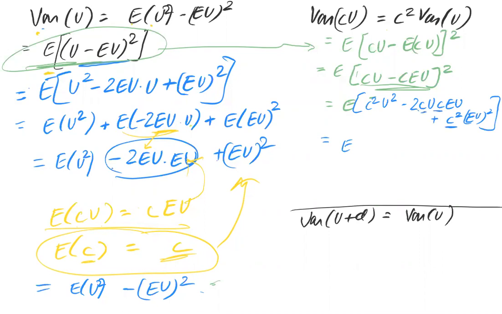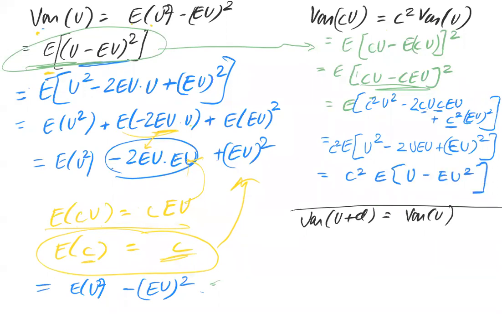So let me just take c^2 out, this becomes E of U^2 minus 2U, which will be written as c^2 times E[U^2] minus E[U] the whole square, which is again c^2 times the variance of U.